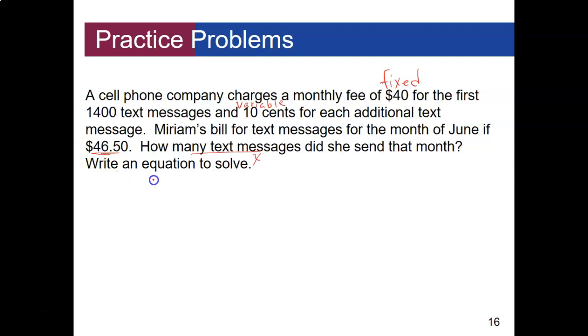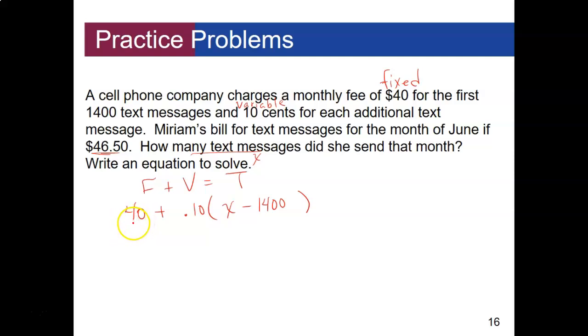So if I set this up, the fixed plus the variable equals the total. We said my fixed was going to be the $40. The variable is 10 cents, but we only pay that once we have exceeded the 1,400 text messages. So if X is the number of text messages sent, I'm going to have to subtract those 1,400. The first 1,400 are basically free, included in this $40 fixed fee.